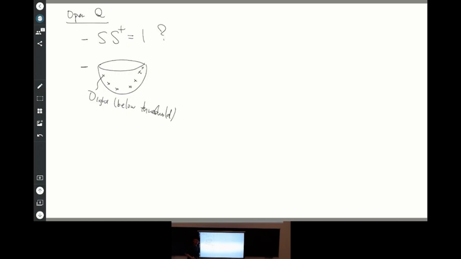Because this is how we construct the Hilbert space of flat space. You just introduce a stable particle and then allow yourself to have multi-particle states. So the question is related to whether this gives you the complete basis of states.